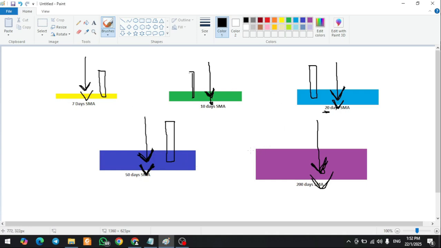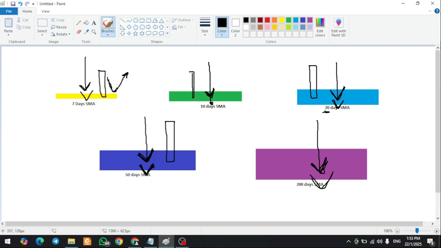If the force is not big enough, usually the price can bounce back. It will not break the moving average line. This is the tiniest one, the 7 days moving average.